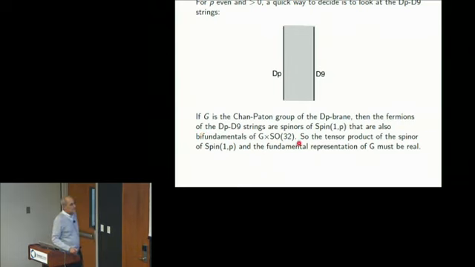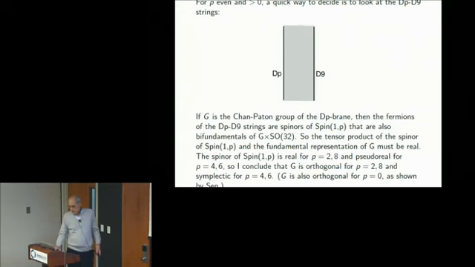So a certain tensor product has to be real. And you learn that the Chan-Paton group is orthogonal for 2 and 8 and symplectic for 4 and 6. It's also orthogonal for 0, as Sen showed, by a variant of this argument.